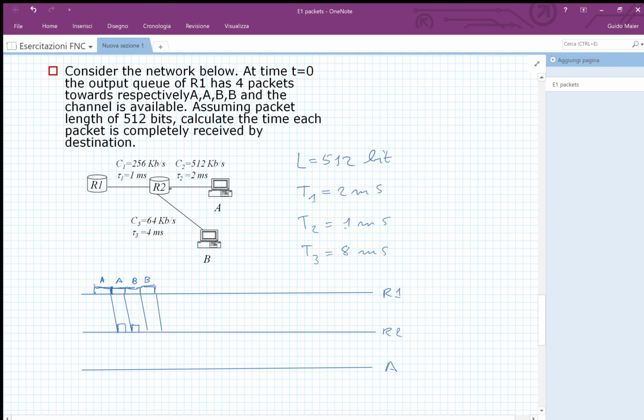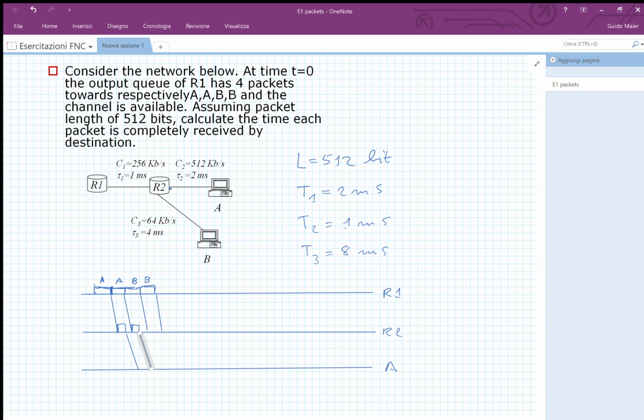And so the second packet does not experience any queuing delay because it is transmitted immediately when it arrives to R2. Then we have the propagation, which takes 2 milliseconds. And the packets arrive to A. Okay. So here we don't have 3 hops, just 2 hops.